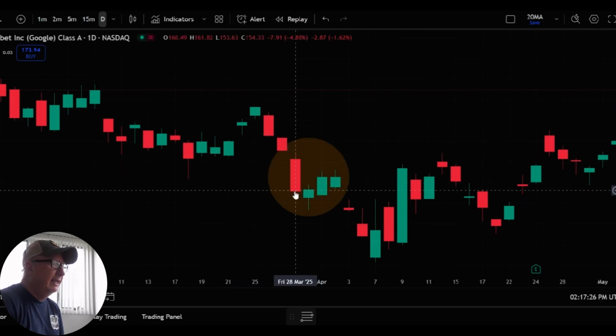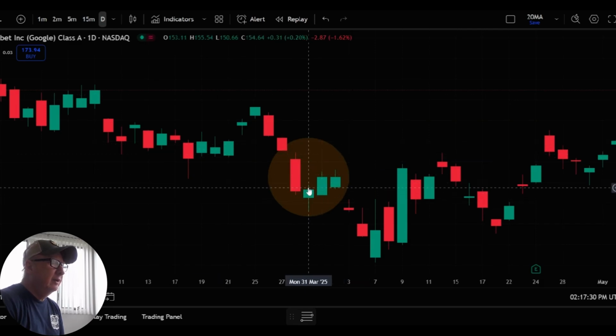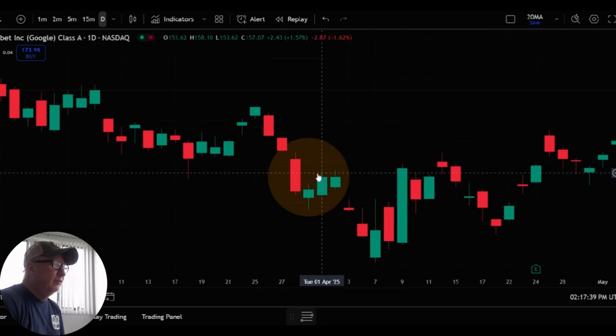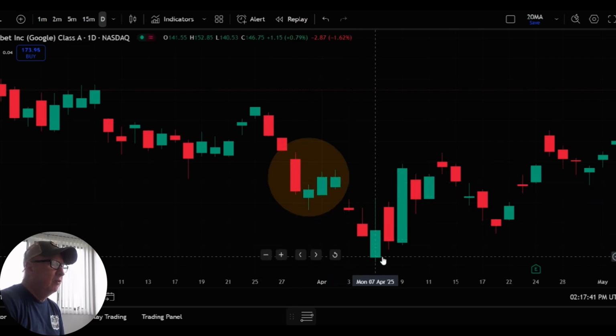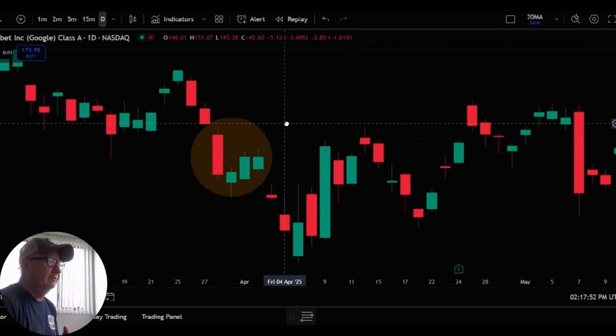We get a large candle, and when the stock, and this is Google, when the stock tries to bounce, it bounces over a 3-day period about to the midpoint of this candle. You run into resistance and we move lower. So I pay attention to midpoints, especially of large candles.